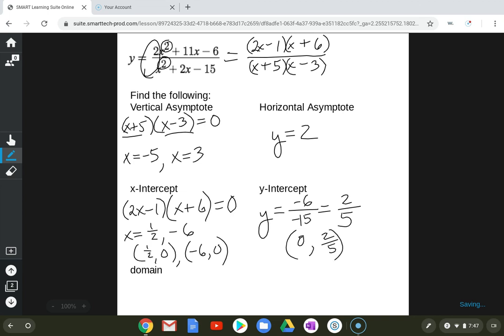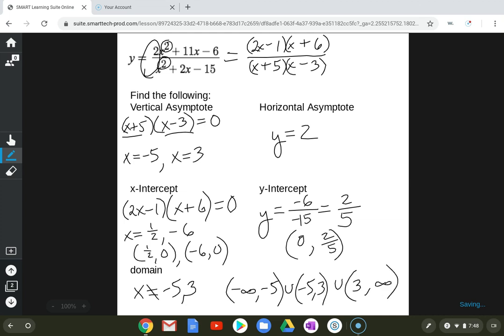Our domain is going to be all reals except the vertical asymptotes, which again, you are welcome to write as x does not equal negative 5 or 3. I'm so used to interval notation, so I'm going to do negative infinity to negative 5, union, negative 5 to 3, union 3 to infinity. All right, so there's my domain.